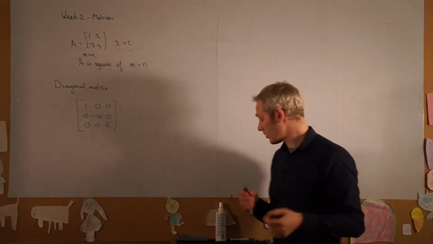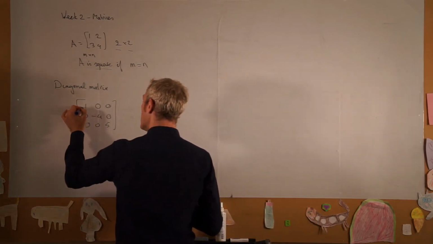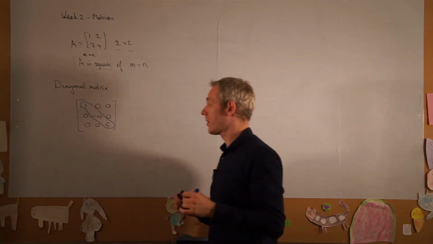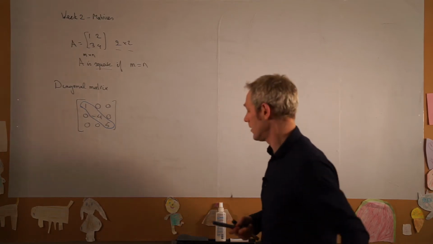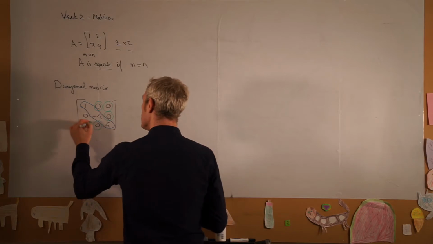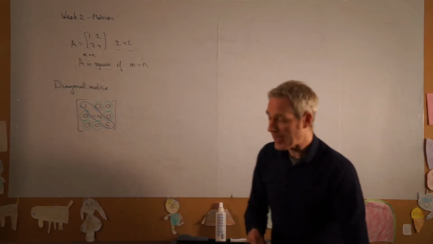A diagonal matrix is always square, and a diagonal matrix has elements that may be non-zero here, but definitely all the other elements must be equal to 0. So this is a diagonal matrix.